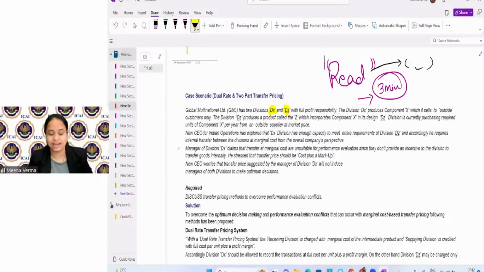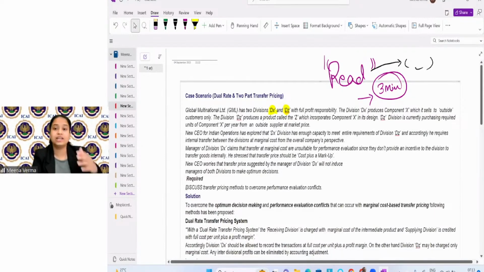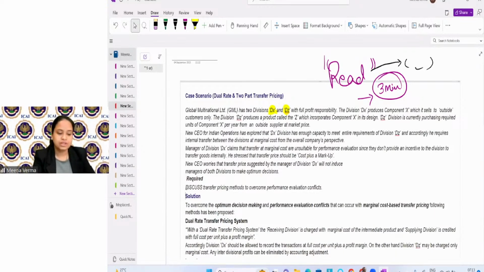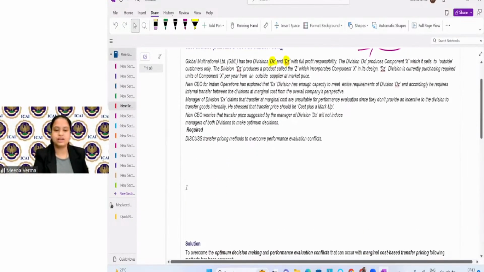Whenever I read these transfer pricing questions, I start drawing, so that I start making the picture and imagining what is actually happening here. As I told you in the last session also, whenever you get a transfer pricing question, start creating the scenario in your mind.